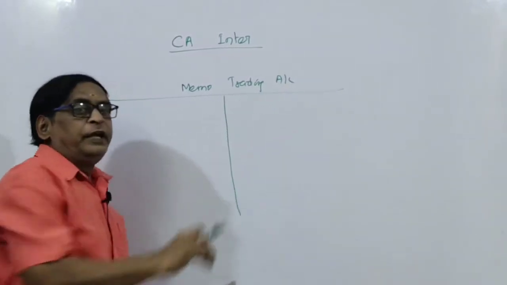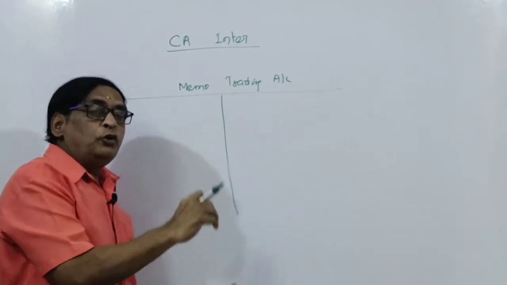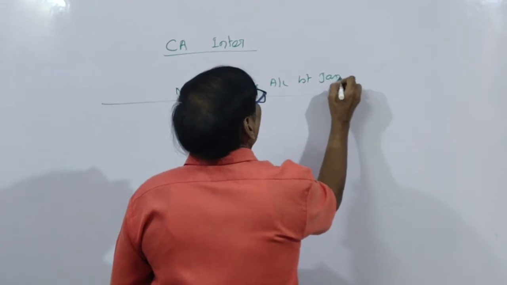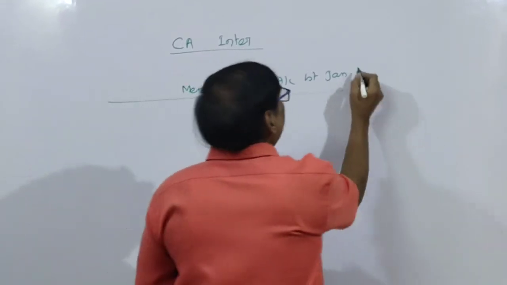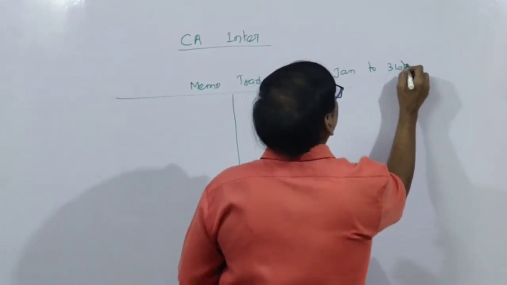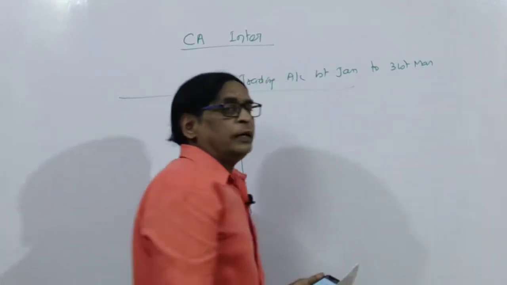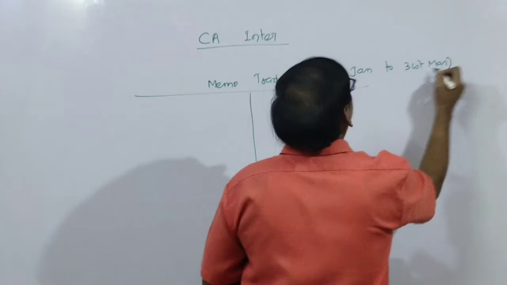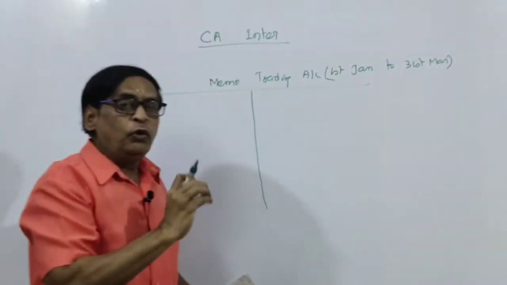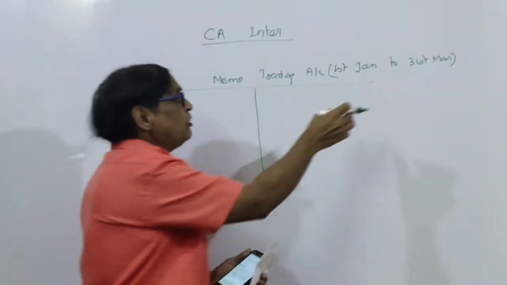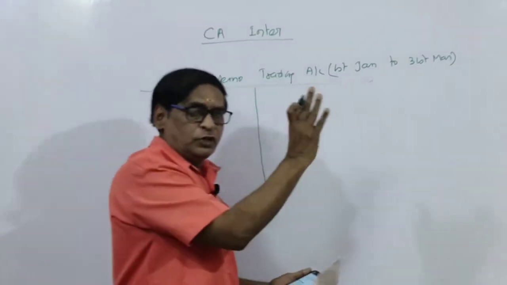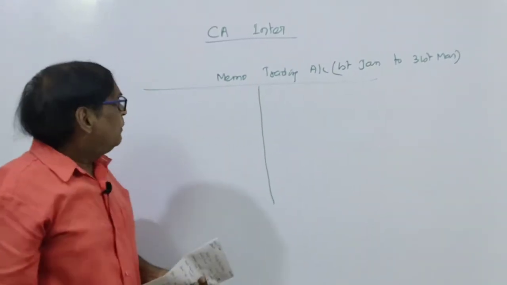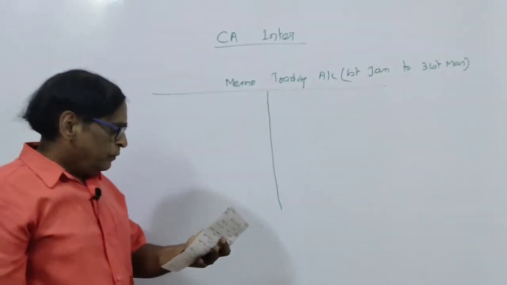We have to prepare it from 1st January, the opening day of the year, up to the date of fire. The fire occurred on 1st April, so we prepare up to 31st March, the previous day, and then we can easily find out the stock as on 31st March. So now we will prepare the memorandum trading account.